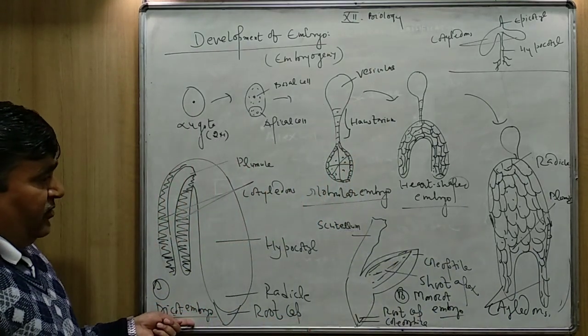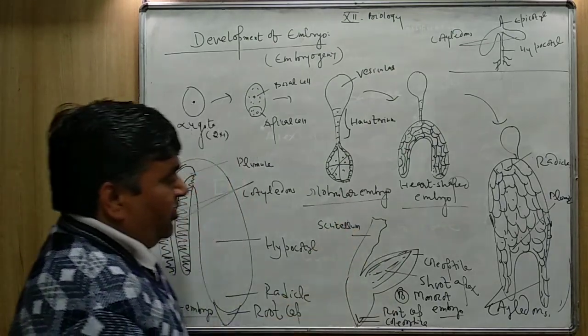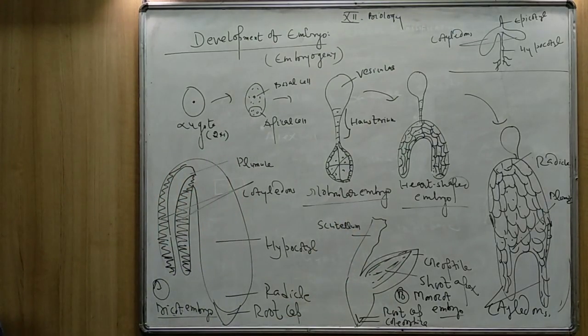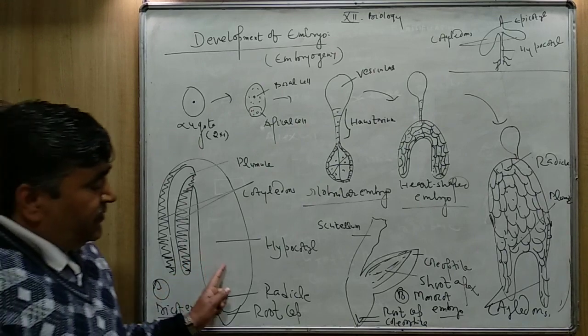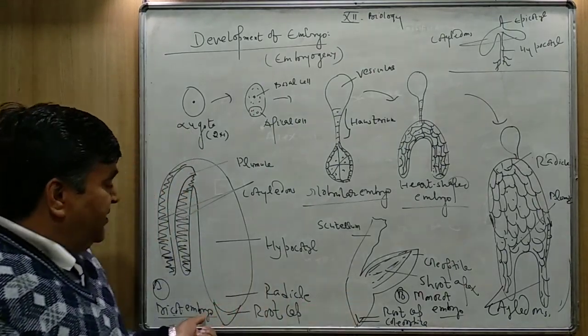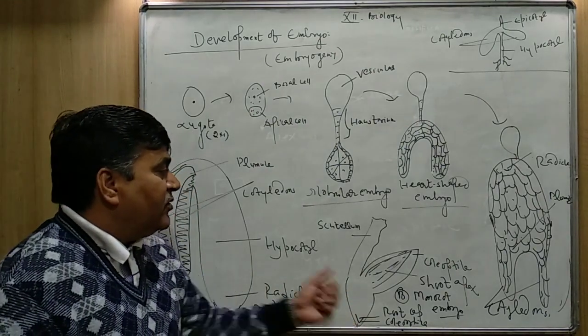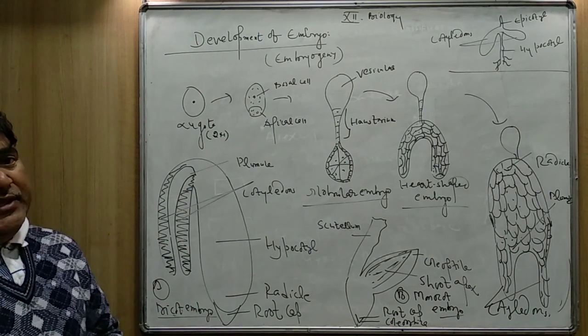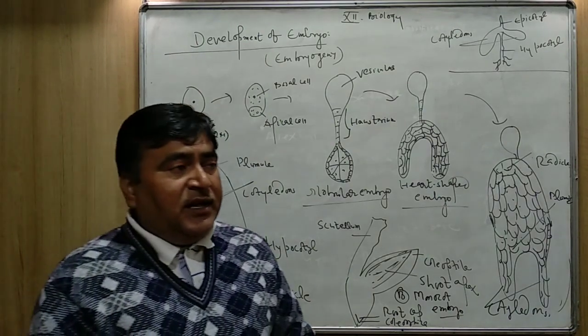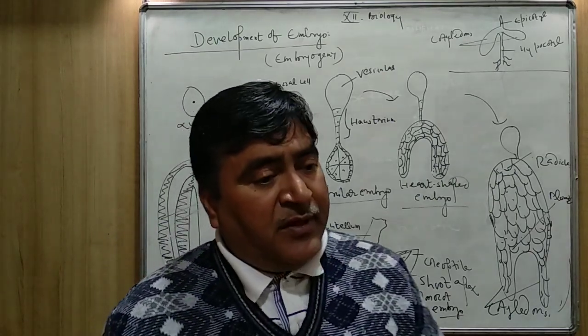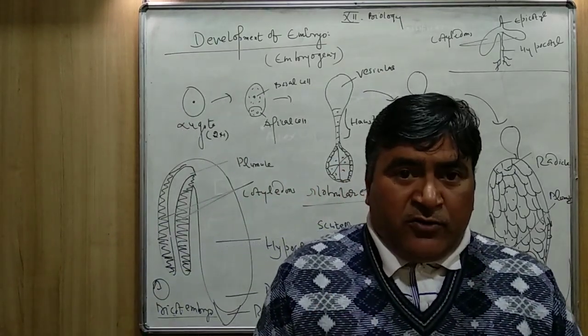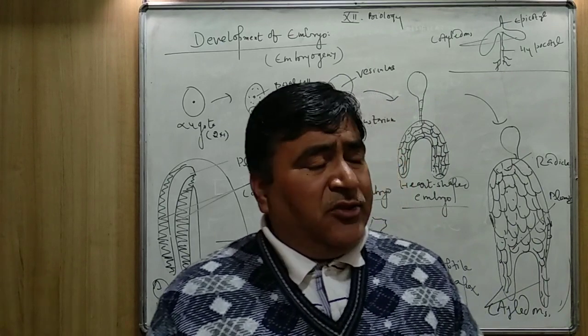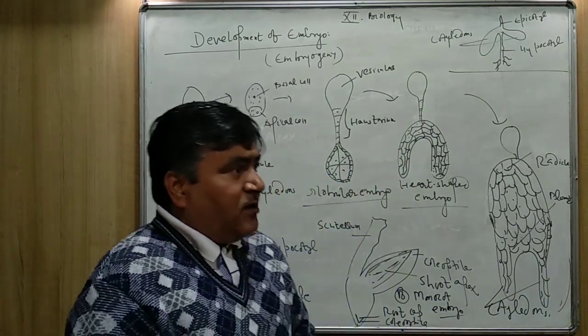This is the dicot embryo, and this is the diagram of the monocot embryo. Please see here the differences between the dicot embryo and monocot embryo. Dicot embryo is present in all the dicot plants like mango, neem, sunflower, rose. All these plants are dicot plants.